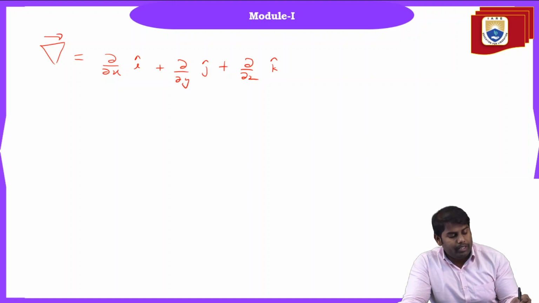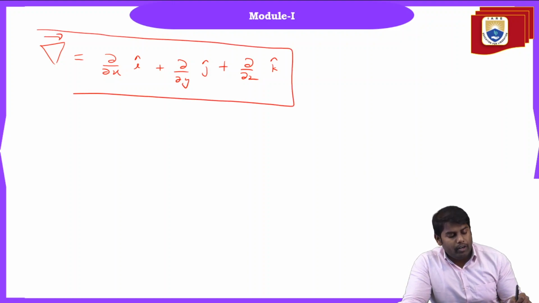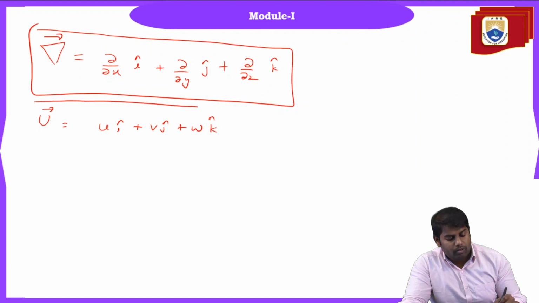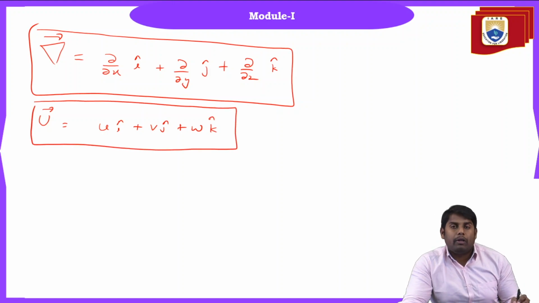So basically this is our gradient operator. Next, velocity. Let's say this is velocity u bar, which is u of i cap plus v of j cap plus w of k cap.